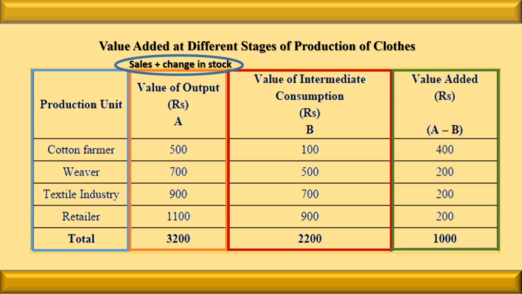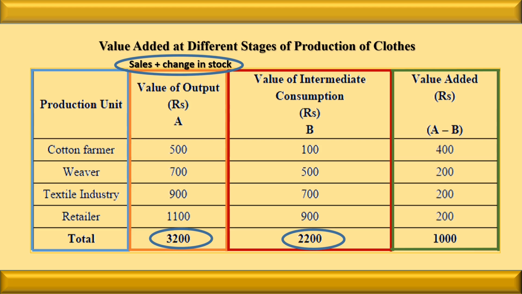Under the value added method, only the total value added is considered. I mean the contribution made by the cotton farmers, weavers, textile industry, and retailers is only being considered. While considering the contribution made by them, the problem of double counting is solved. We can see over here that the total value of output is 3200 and the total of the intermediate consumption is 2200.